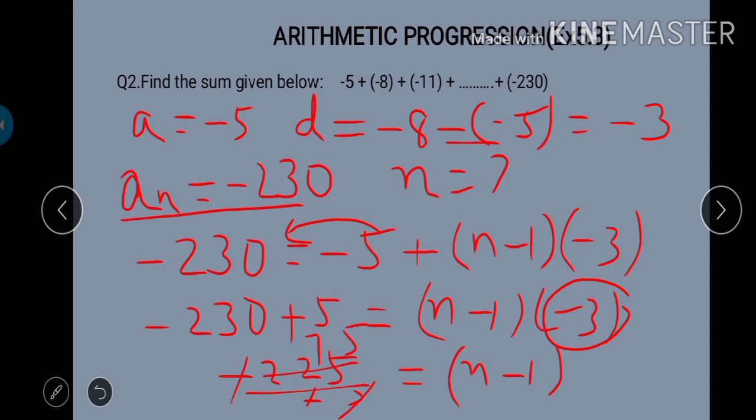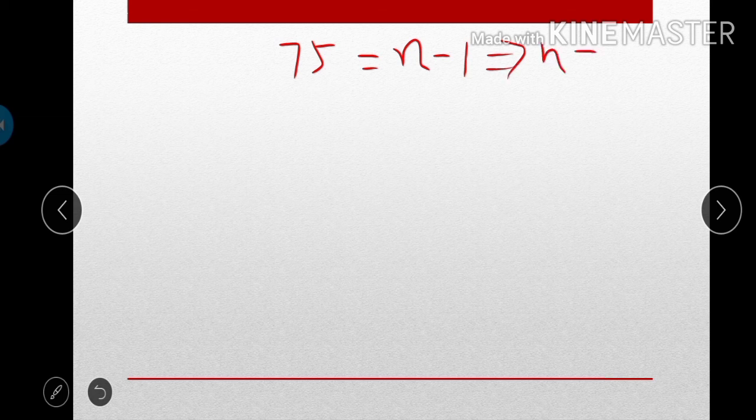Now we have n minus 1 is equal to 75. That implies n is equal to 76.